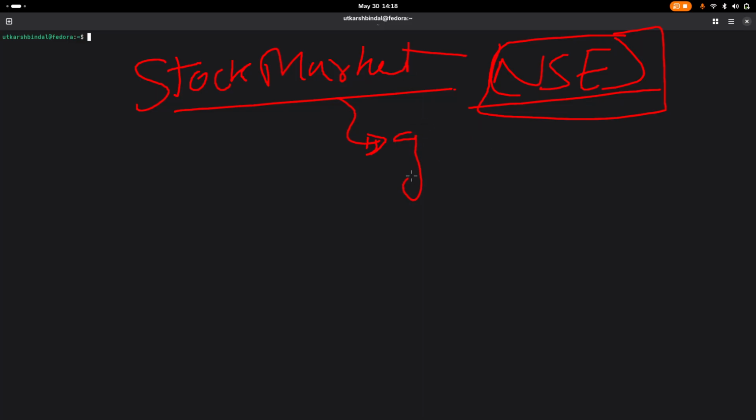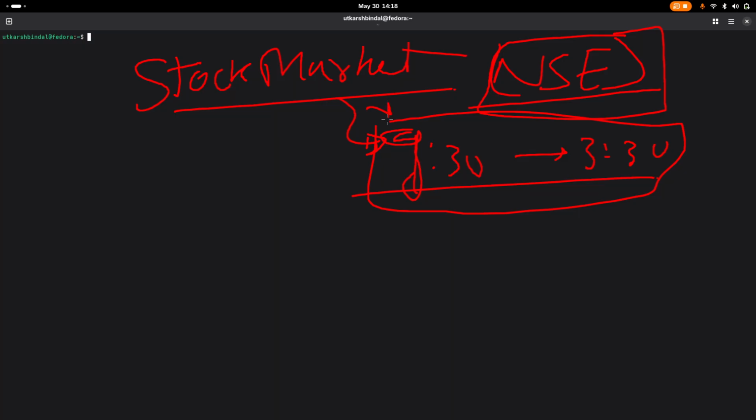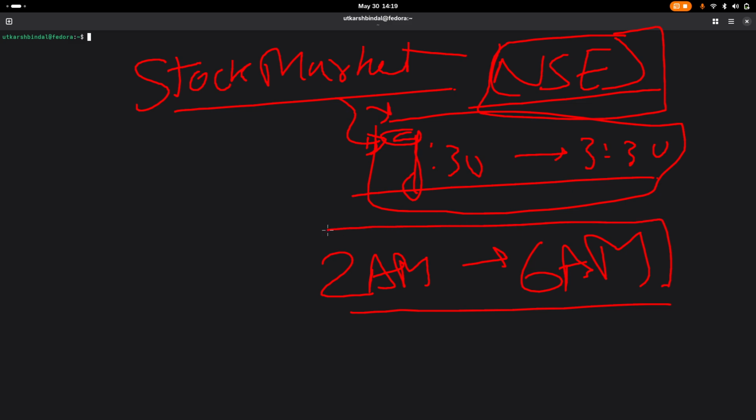So the stock market is open from 9:30 to 3:30, something like that, right? So you know that this is where all the traffic is going to go. If at night from 2 a.m. to 6 a.m. your system is completely down, it doesn't matter, right? It's not going to affect the users.